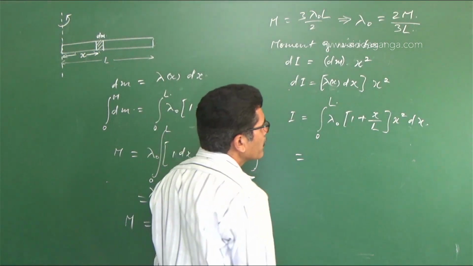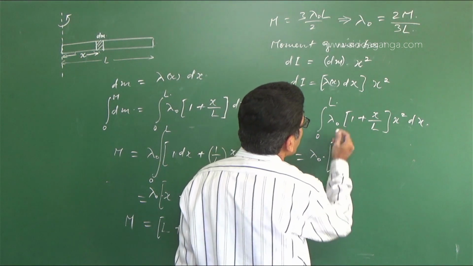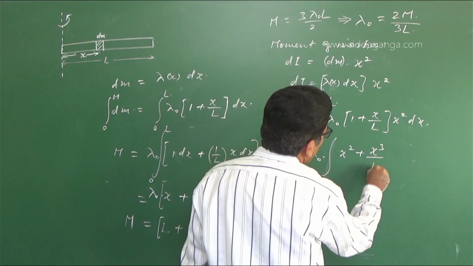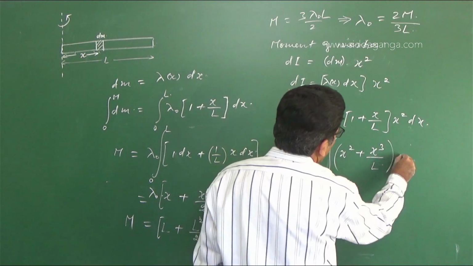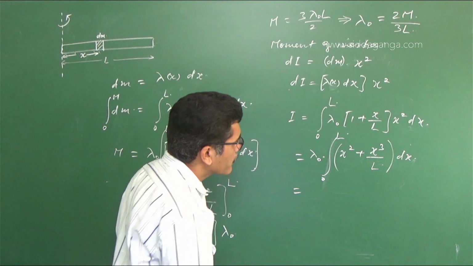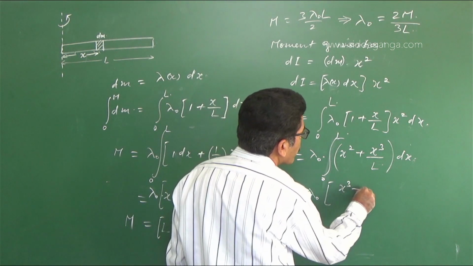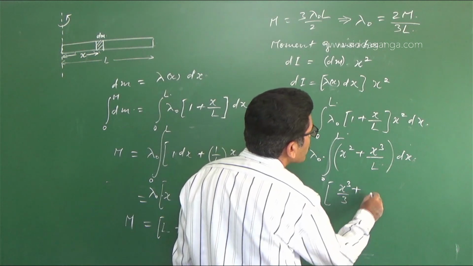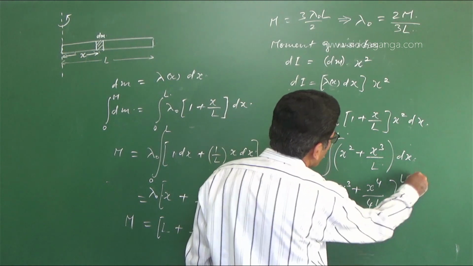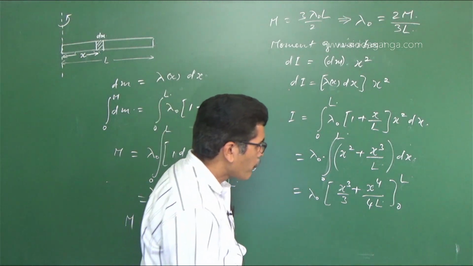You please simplify this. Lambda naught comes outside. So you are going to get the integral of x square plus x cube by L into dx from 0 to L. When you integrate this, you are going to get x cube by 3 plus x to the power of 4 by 4L, from 0 to L. So now you just simplify this.